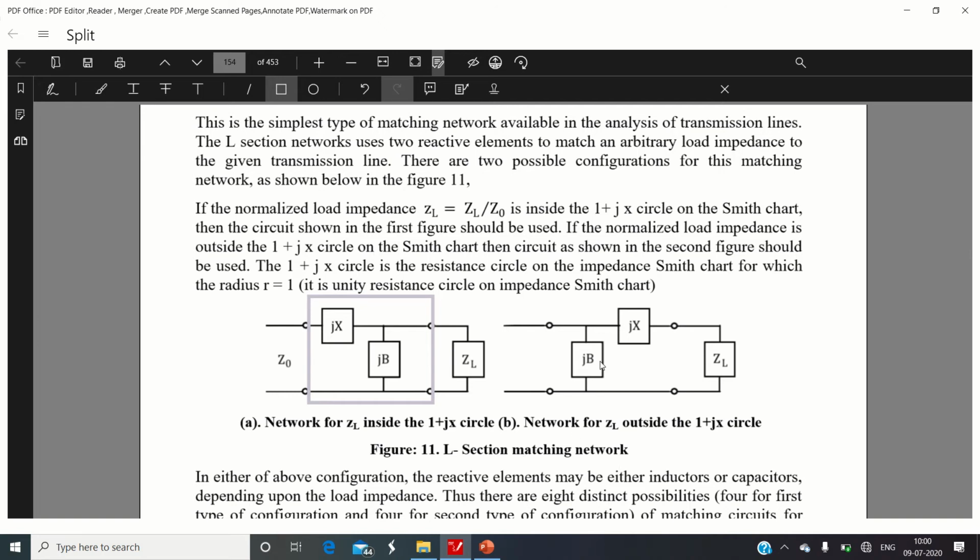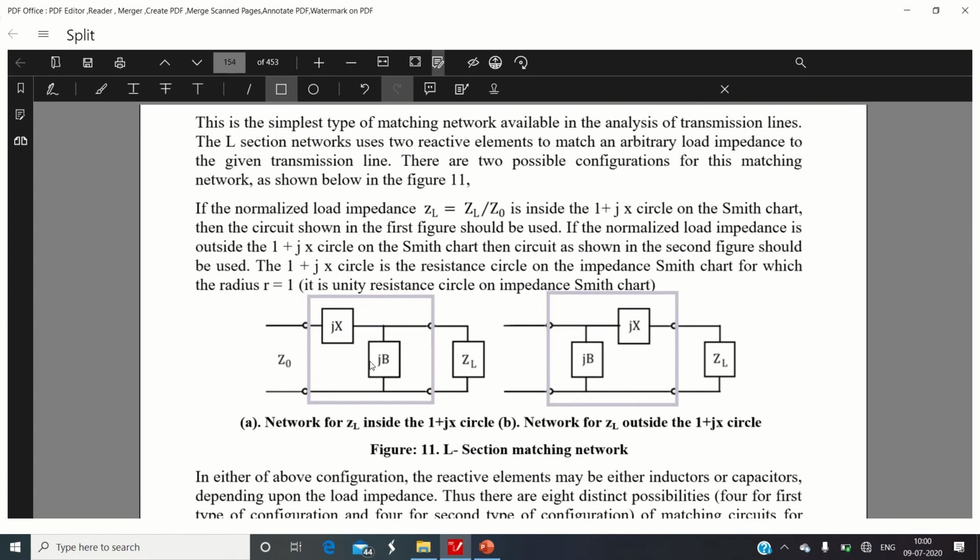Similarly in the second figure, the L-type matching circuit is over here. The name itself indicates that the reactive elements are arranged in an English capital letter L configuration. These types of matching circuits are known as lumped or L type matching circuits.